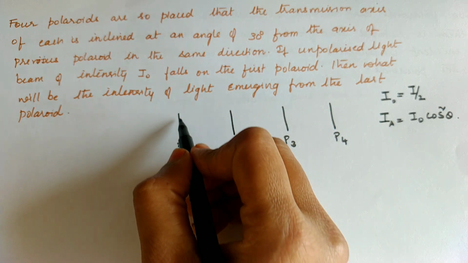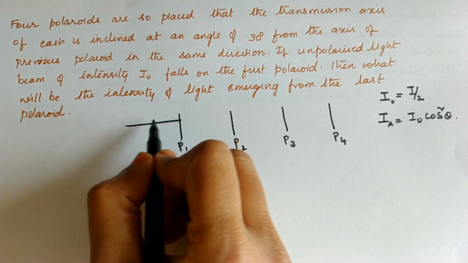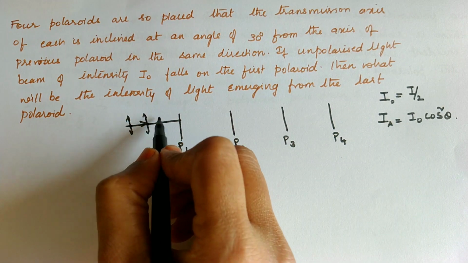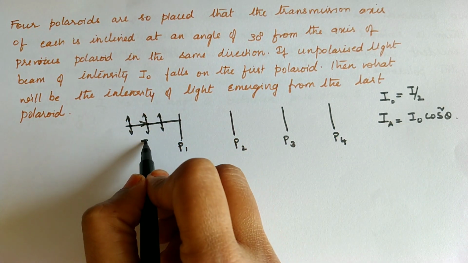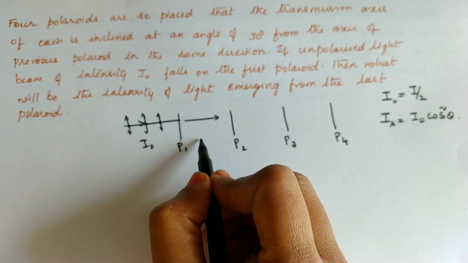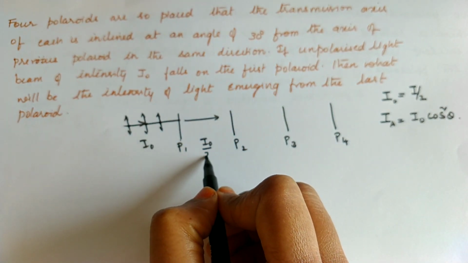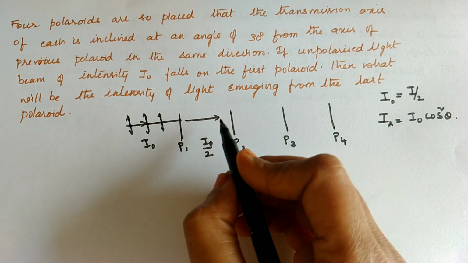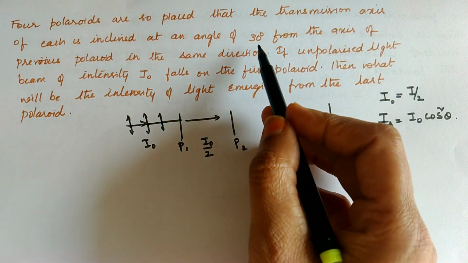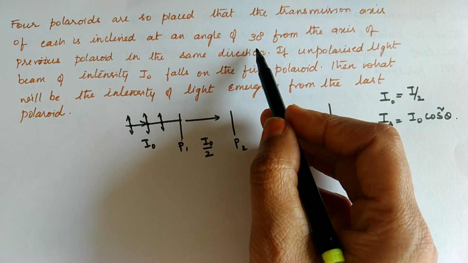So to the first one, we are giving unpolarized light, and this is having an intensity I naught. We know after passing through the first polarizer, intensity reduces to half, I naught by 2. Now P2 and P1 are inclined by 30 degrees because each one is inclined by 30 degrees with the previous.